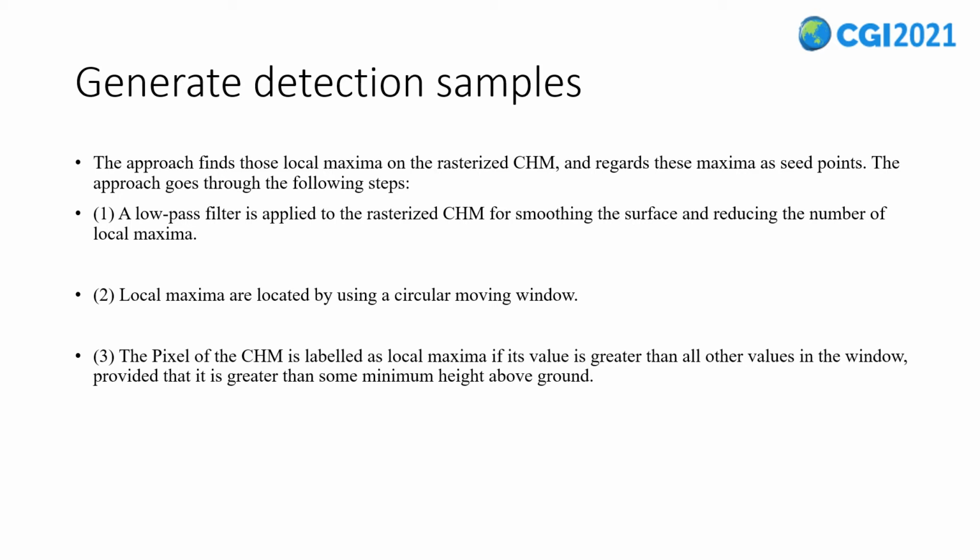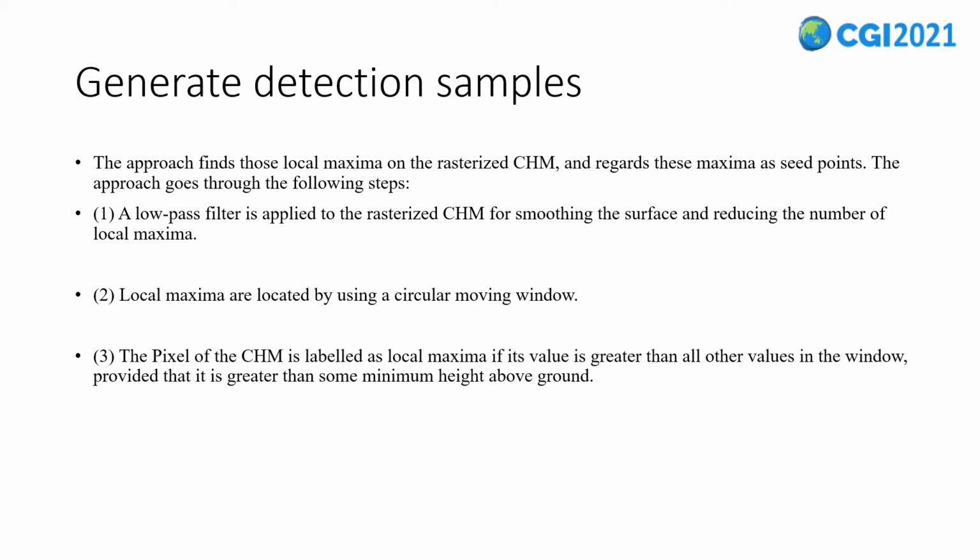The approach goes through the following steps. First, a low-pass filter is applied to the rasterized CHM for smoothing the surface and reducing the number of local maxima. Local maxima then are located by using a circular moving window.